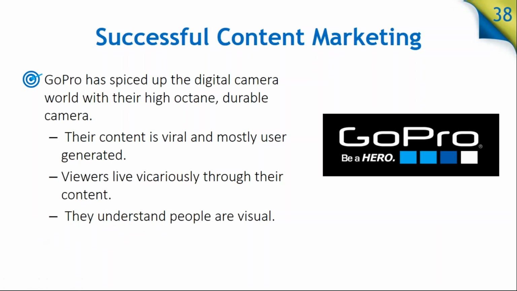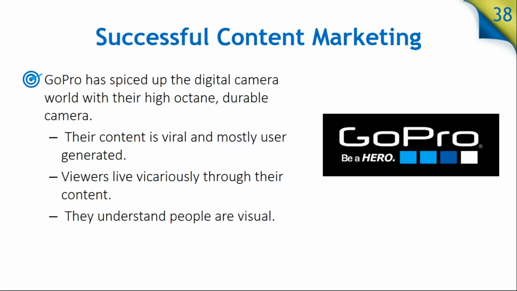GoPro is a really wonderful example of a company that's doing a great job with imagery and user-generated content. So this is another thing we didn't really touch on in this content marketing presentation, but user-generated content. If you can get your own followers and users to share their own pictures and images, it's really wonderful.